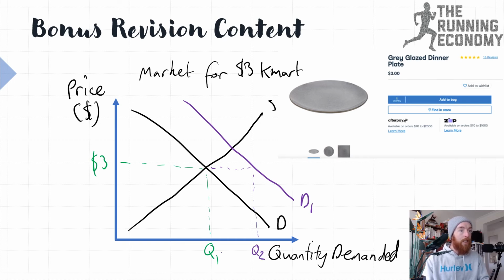The supply is still sitting at that original point for $3, but demand is all the way out here at Q2. And what's happening at this point is demand is exceeding supply, and that is causing a shortage. So there you have it, how current events can work with theories in economics in the news.